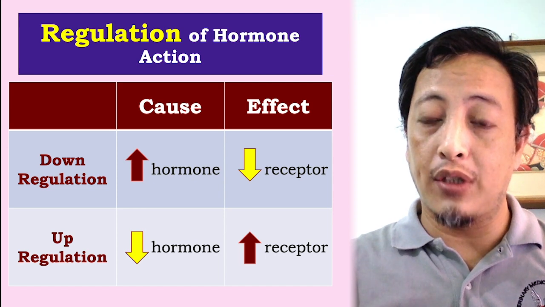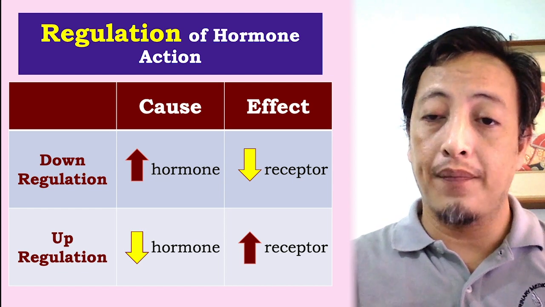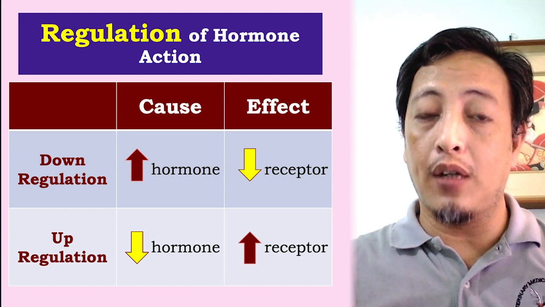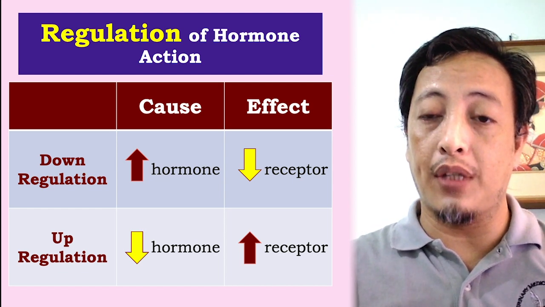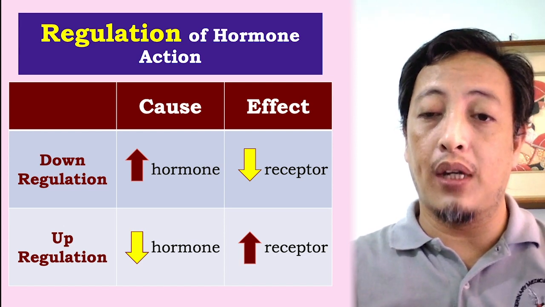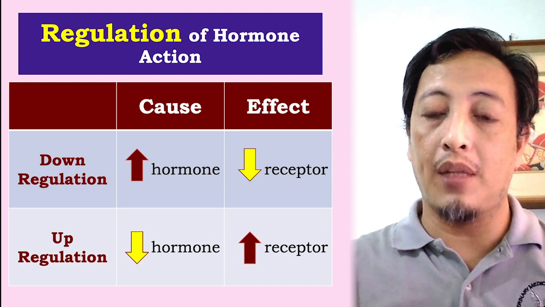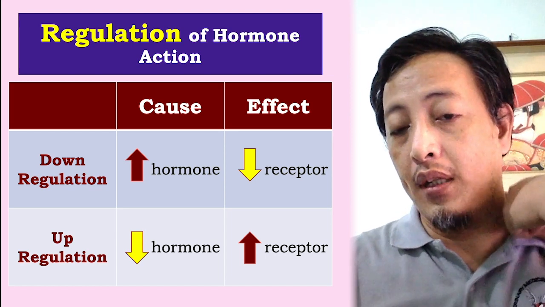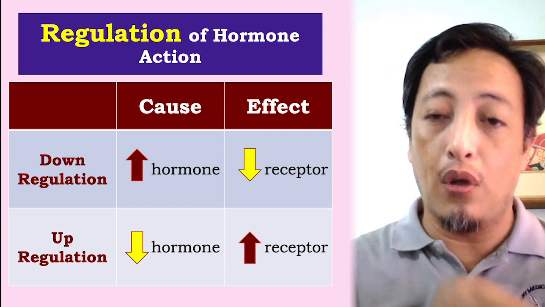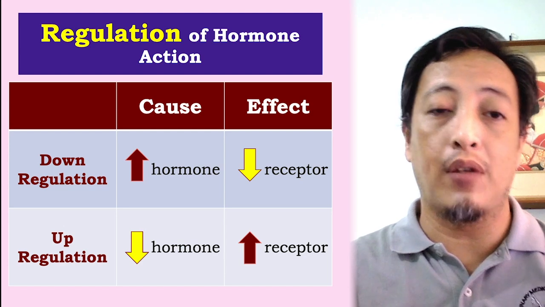So, pagpasok nyo sa loob ng cell, lysosomes will act on it and it will be destroyed. Okay? So, pwede rin na nagkaroon na lang ng decreased production of receptors. Okay? Then, pwede rin magkaroon ng chemical modification of receptors, making them less responsive. So, inactivation or desensitization of receptors. Those are all mechanisms for down regulation.